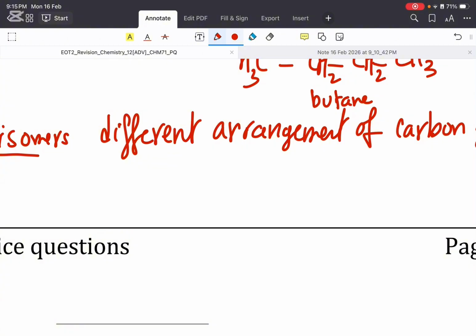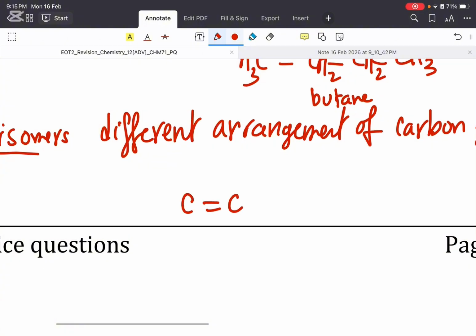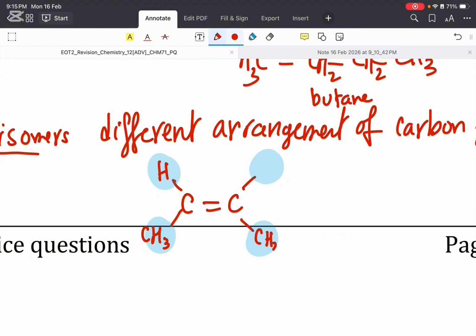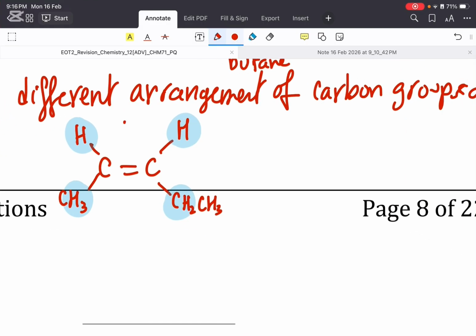So for example, if I have C double bond C, you need to look at the groups around this double bond. So let's take the first example. That's a hydrogen, that's a CH3, that's a CH2, CH3, and that is a hydrogen. Now, this is compound A. And let me draw compound A in a different form.